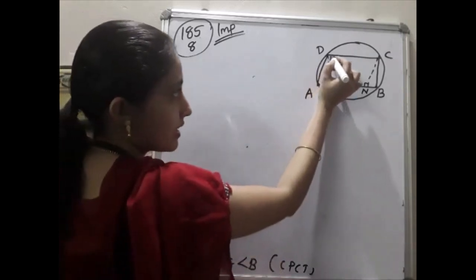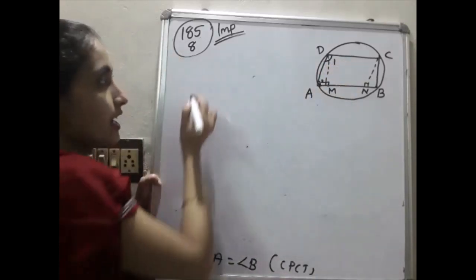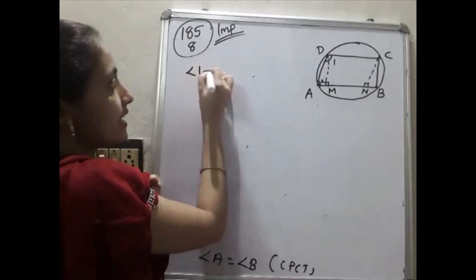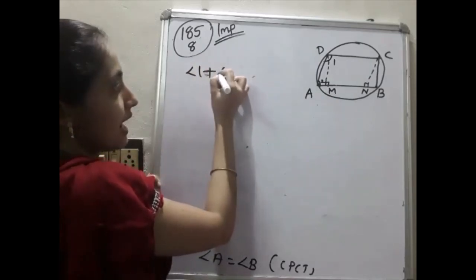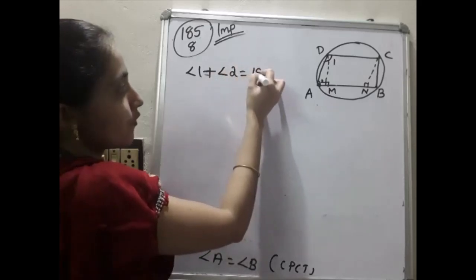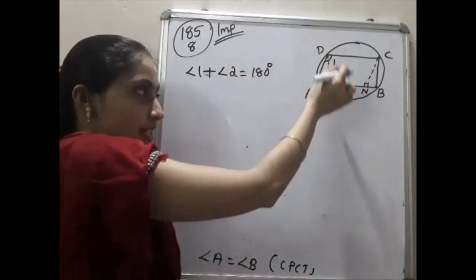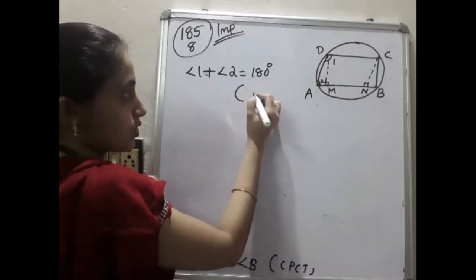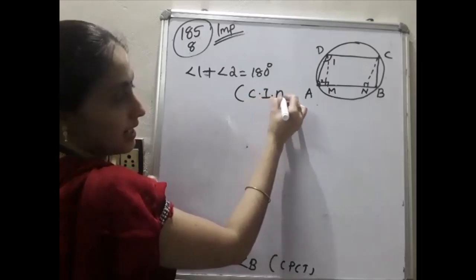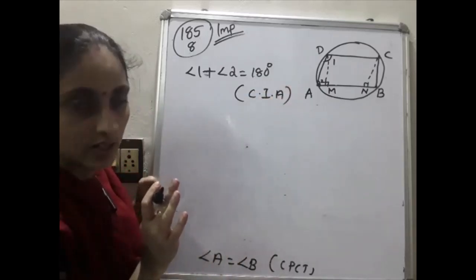So I will mark this angle as 1 and this angle as 2. Angle 1 plus angle 2 is equal to 180 degree. How can we write that? Because they are parallel, so these are co-interior angles. Co-interior angles are supplementary.